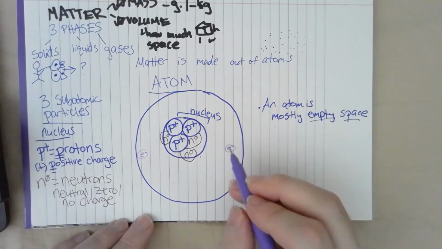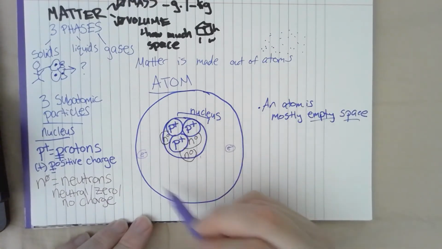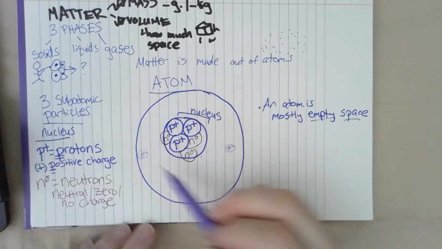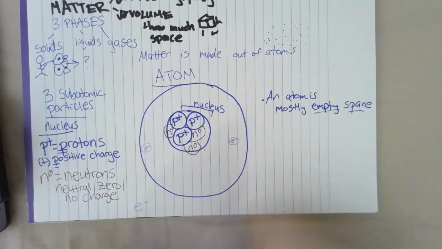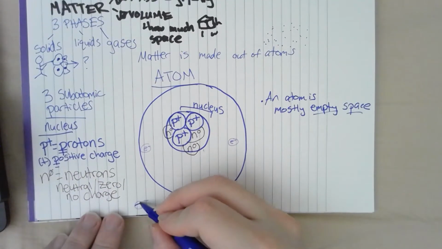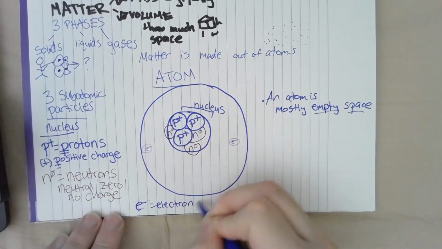So, e minus are particles that are outside the nucleus. Okay, now we're outside the nucleus. E minus, these particles are called electrons.